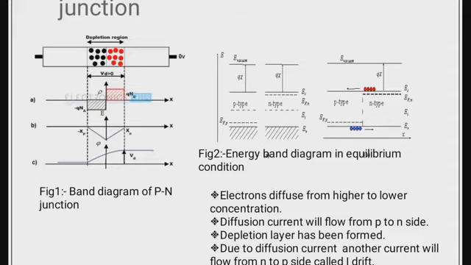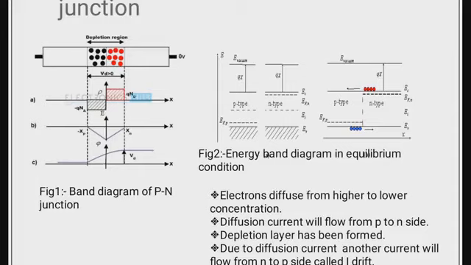Similarly, in p-type there will be holes, which are denoted by blue circles, and electrons are denoted by red circles. After making contact, electrons are moving from higher concentration to lower concentration region, that means from n to p side, as I already told in the previous slide, and holes are moving from p to n side, which is basically called the diffusion process or diffusion phenomenon.